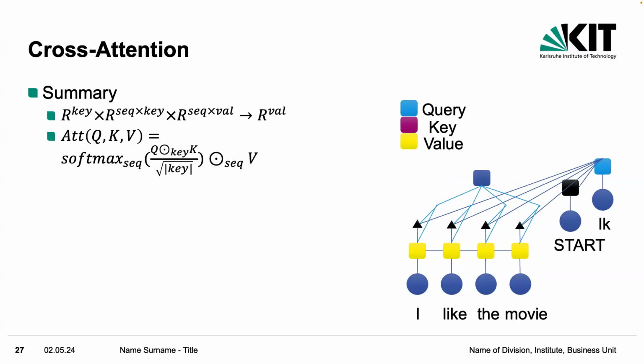You can also formalize that. You have a sequence of keys and a sequence of values, and you multiply your query with your keys and then get your final value. So the calculation is all the same. The only thing is that you now have the ability to attend from one model to another model.